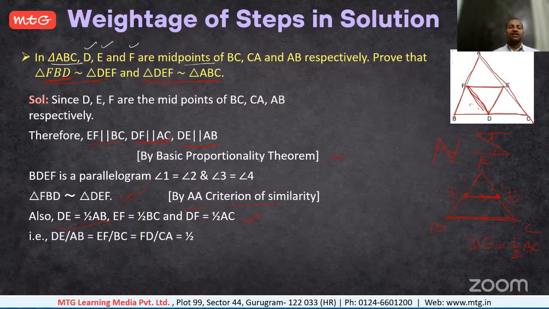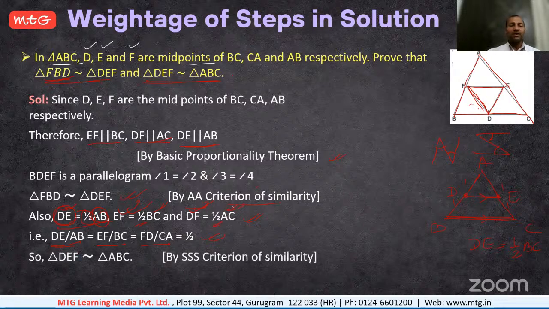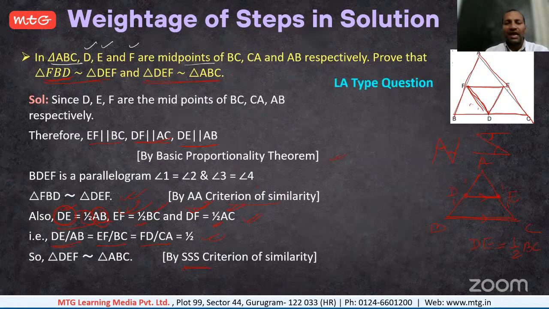Now we take the ratios: DE to AB, EF to BC, and FD to CA. Everything is 1/2. DE to AB is half, EF to BC is half, DF to AC is half. When the ratios of the sides of two triangles are the same, both triangles are similar by the SSS criterion. In that way we have proved these two triangles are similar.